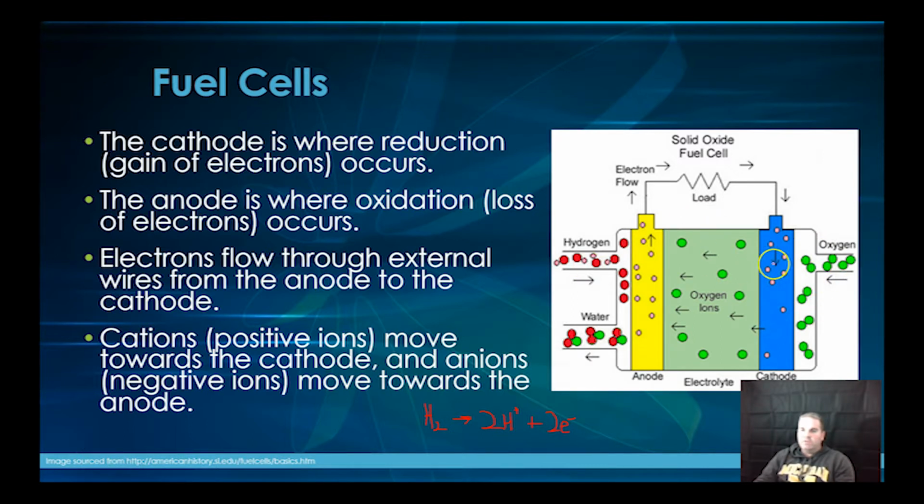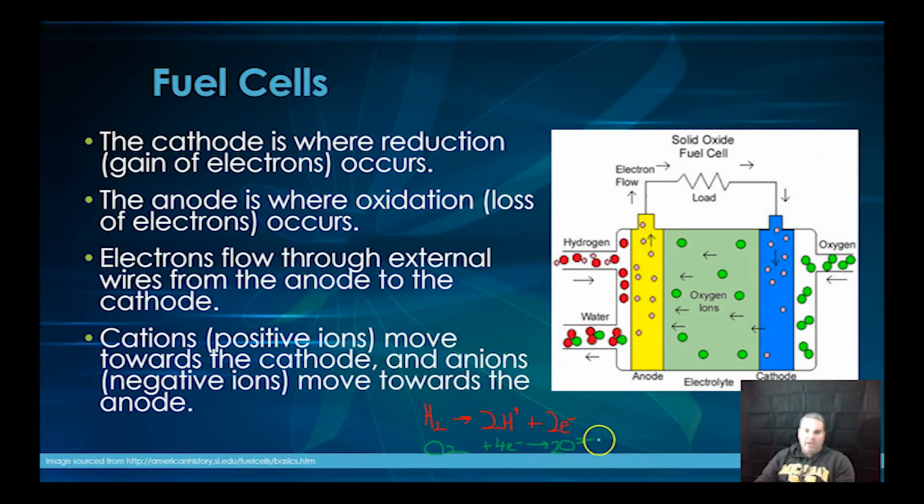What happens over here at the cathode is we get oxygen coming in. I'm going to change my pen colour to match what they've got, so I've got green. The oxygen picks up some electrons. In this case, it's going to pick up 4 electrons, and you'll see why in a minute, because what we're forming is oxygen ions, O2-. We need 2 of them.